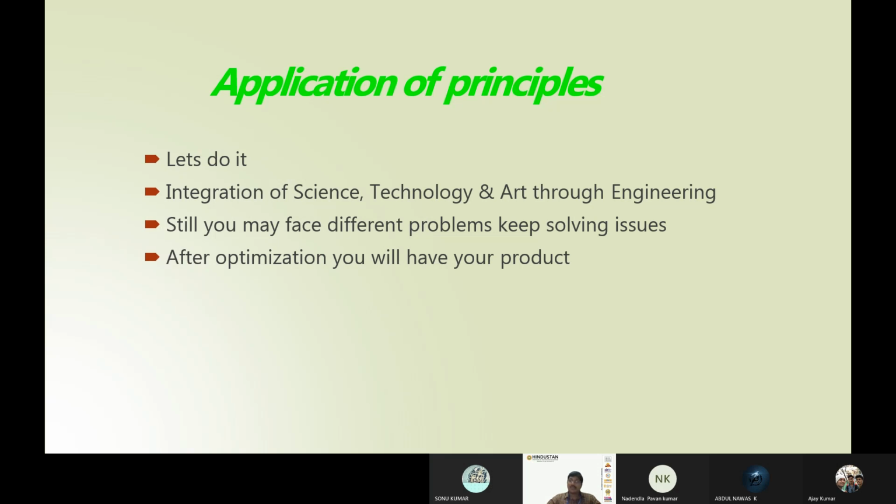Therefore, see the optimization, that means the perfection should be there in every place, especially from science, engineering, and technology. Whatever concepts you are using in that particular product, definitely there should be perfection.